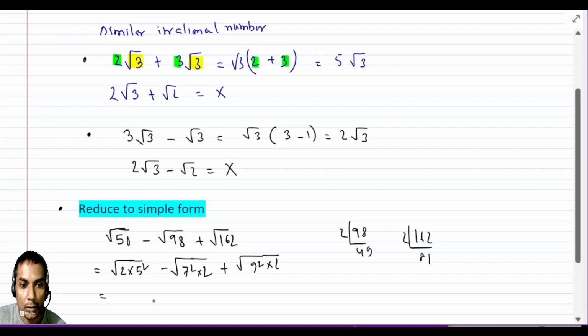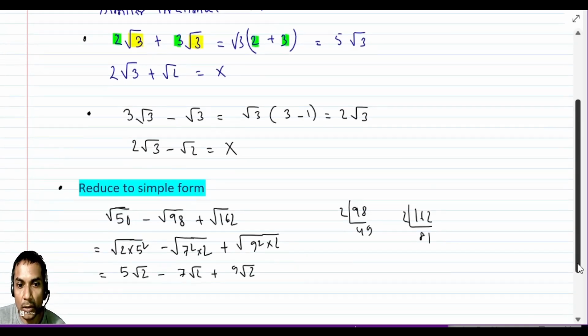So ultimately you get 5 root 2 minus 7 root 2 plus 9 root 2. You get all similar irrational numbers with root 2.